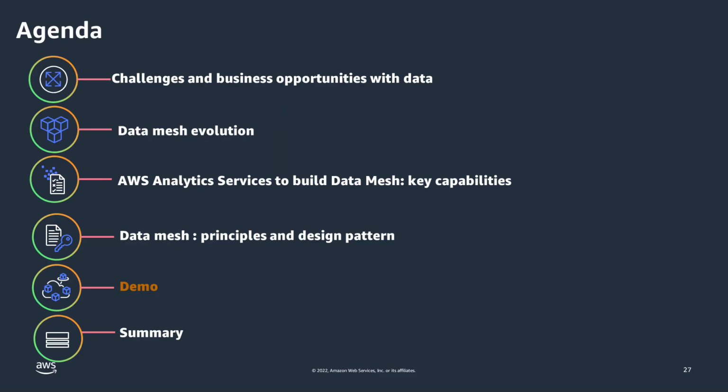We have seen the overview of data mesh and what AWS Analytics Services are available to build it. Let's look at the demo part of how to build a data mesh, and I'll walk you through a brief demo of how the different combinations of scenarios like producers, governance, and consumers come into play when it comes to registering data, sharing data, and the permissions model around it.